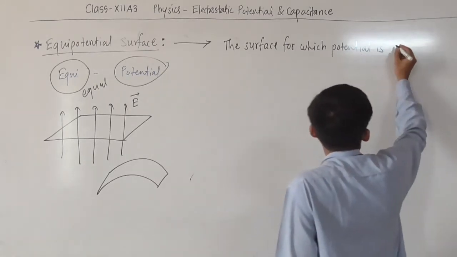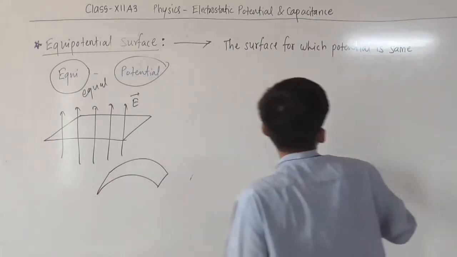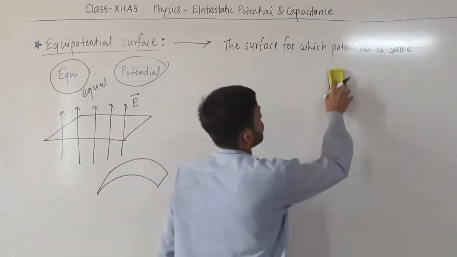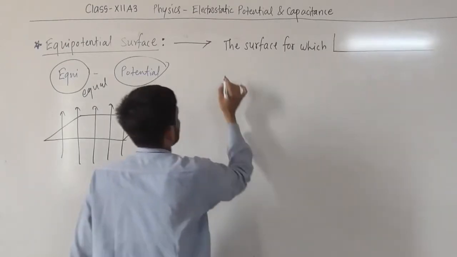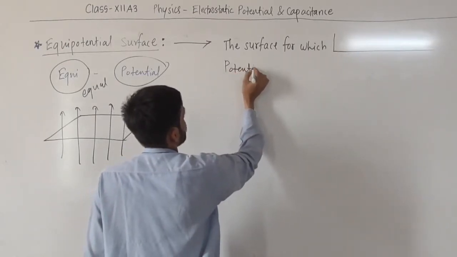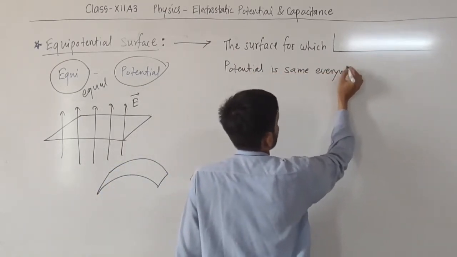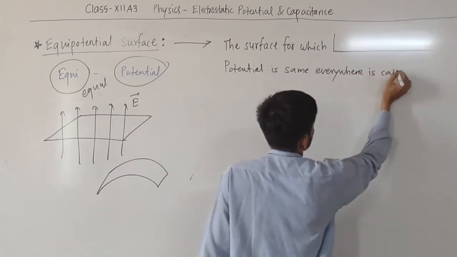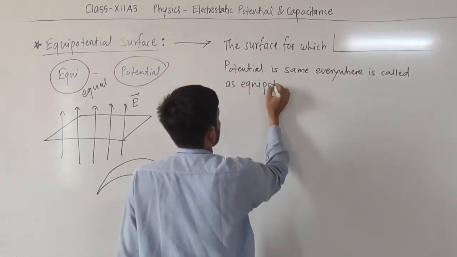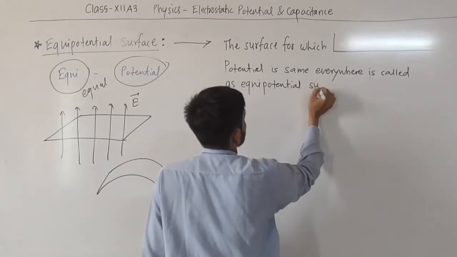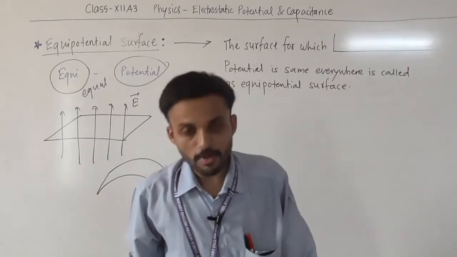The surface for which potential is same everywhere is called an equipotential surface.